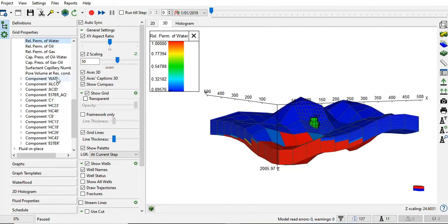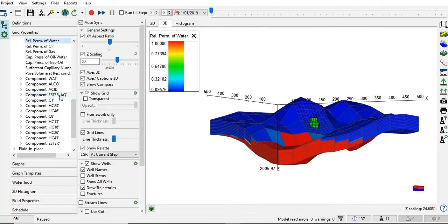We have for water, alcohol, acid, ester in aqueous phase, C1, hydrocarbon C2 and C3, C4 and C6, C8, and ester again, but this is the hydrophobic. This is the ester that has connection with the hydrocarbon, but this one ester site is connected to the aqueous phase.